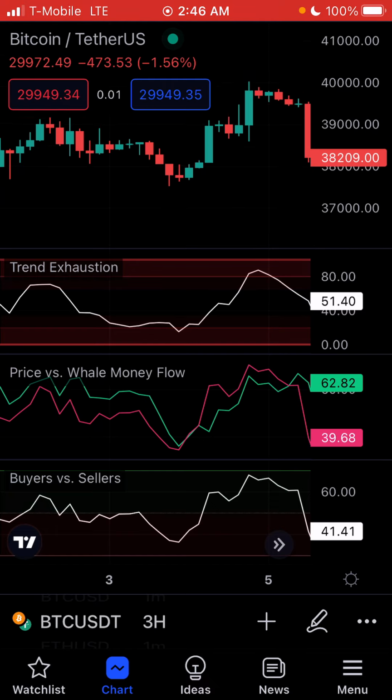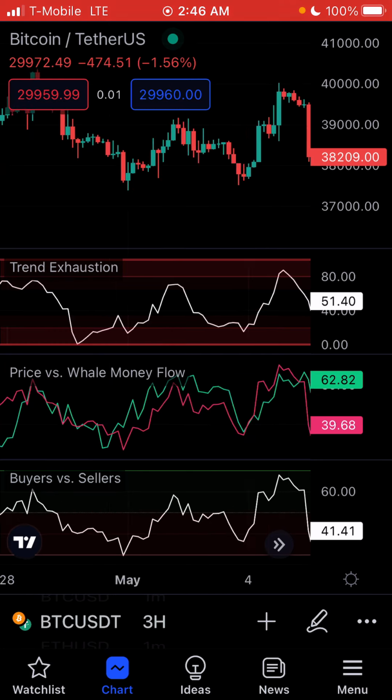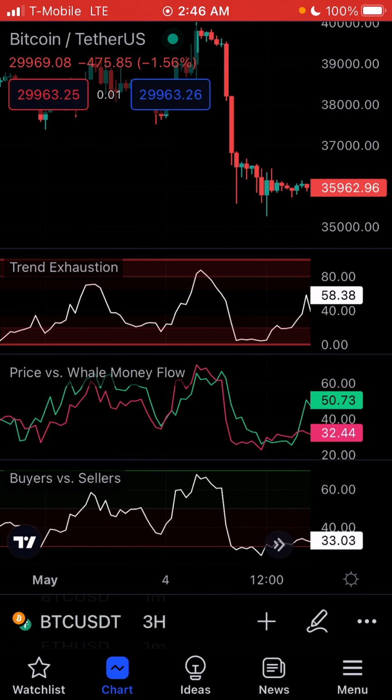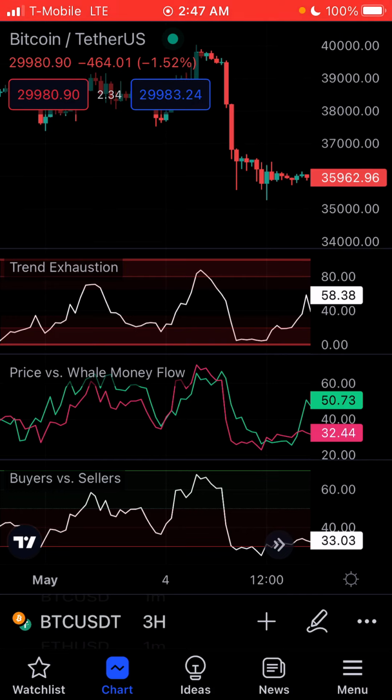What the guy that made these indicators does, when you look at his channel and he goes through the coins, is he checks if the trend exhaustion is down, and the whale money flow and the buyers and sellers. He checks pretty much for 3 points of it being down, and if that passes, then that's a good entry point.